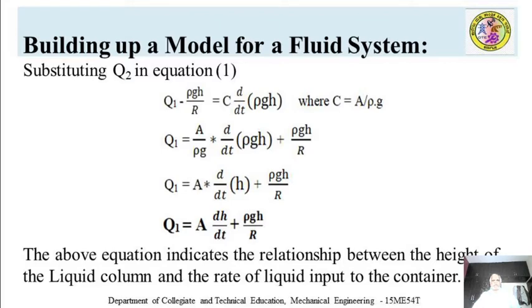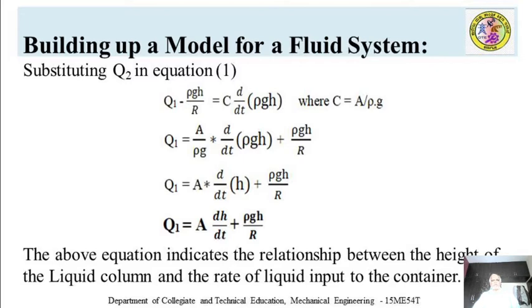So Q1 equals C into d by dt of rho GH plus rho GH by R, with C equal to A by rho G. Q1 equals A into dH by dt plus rho GH by R. Therefore rho G gets cancelled and we are left with Q1 equal to A dH by dt plus rho GH by R.